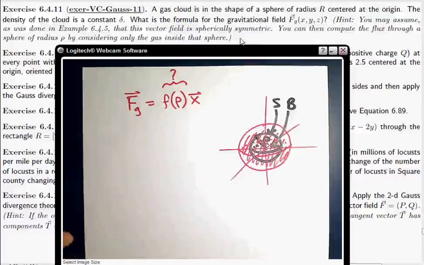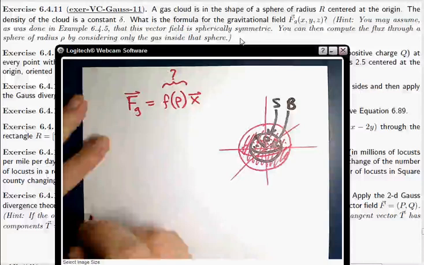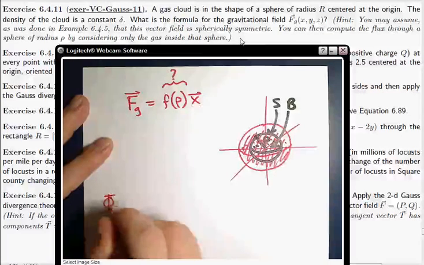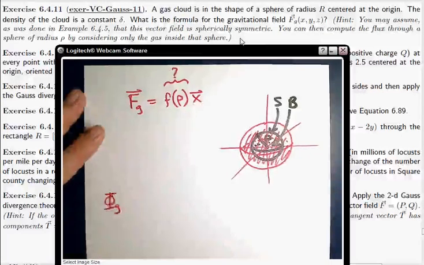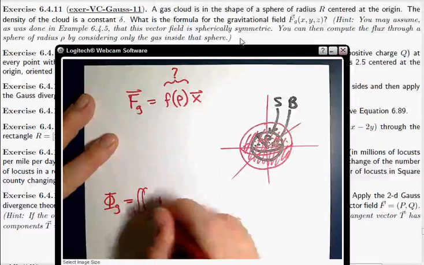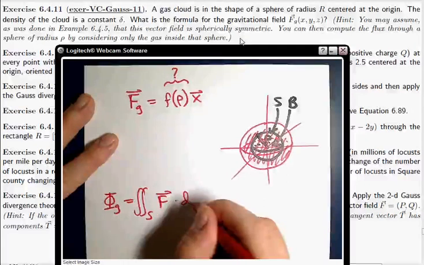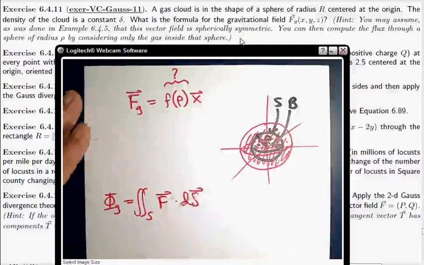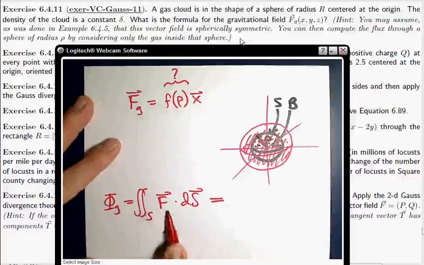We would like to compute the gravitational flux through that surface. That is the surface integral over S of the gravitational field dot dS. I'm going to compute this two different ways. First observation, I know how to compute gravitational flux.